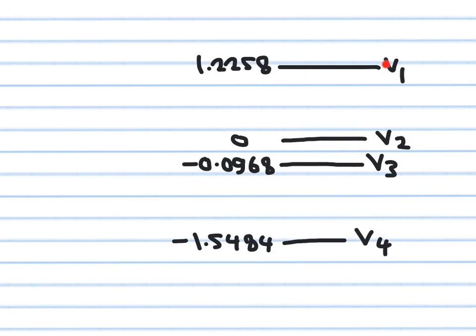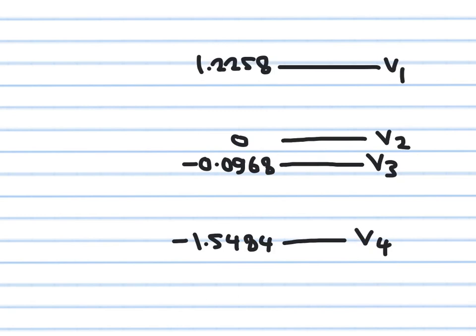So this diagram is exactly the same diagram that we had before. But before we were using 0 to be here. When 0 is here, and because V3, V2, and V1 were higher than node 4, all these numbers were positive. But when we selected our reference to be V2, we made this one 0, so only V1 will be positive, and V2 and V3 will be negative.